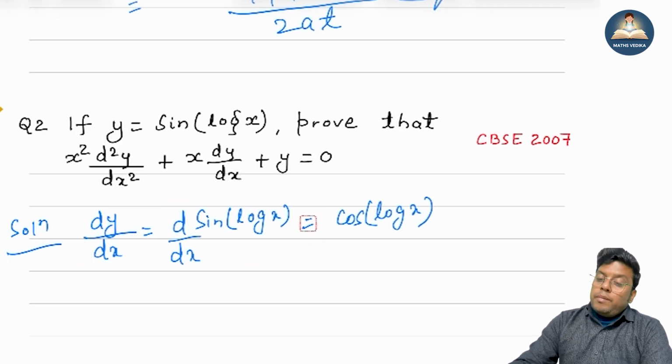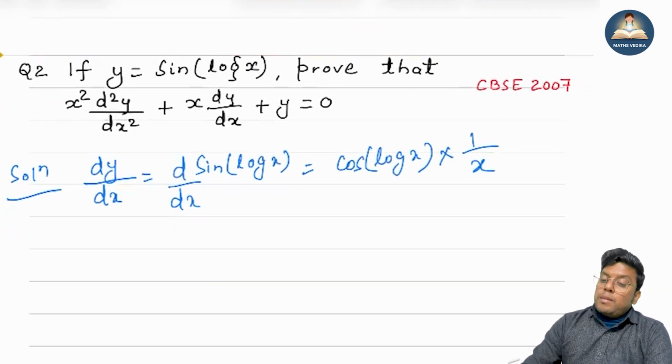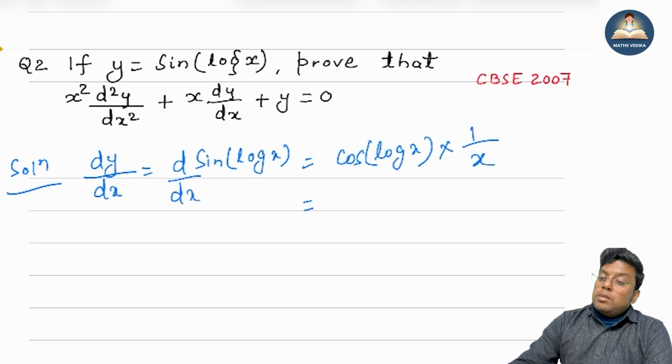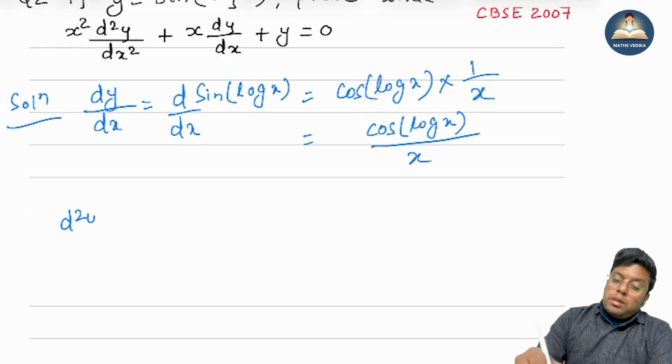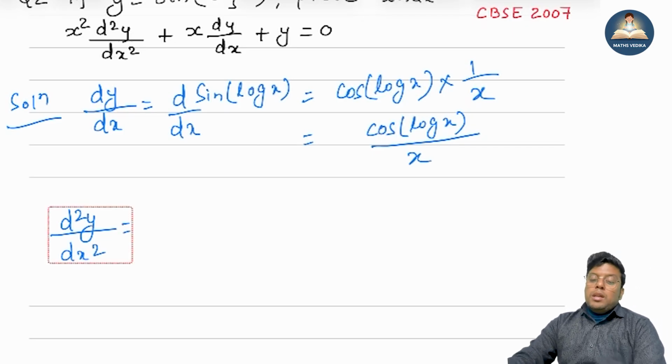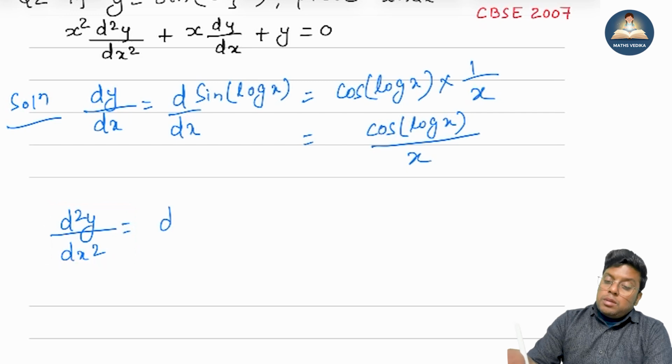Again applying the chain rule, we multiply by the differentiation of log x, which is 1 by x. So dy by dx is equal to cos log x by x.